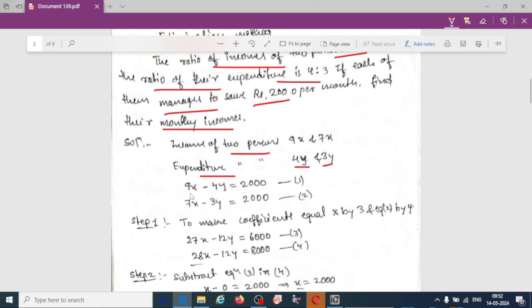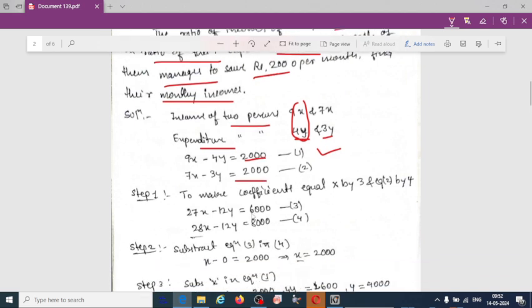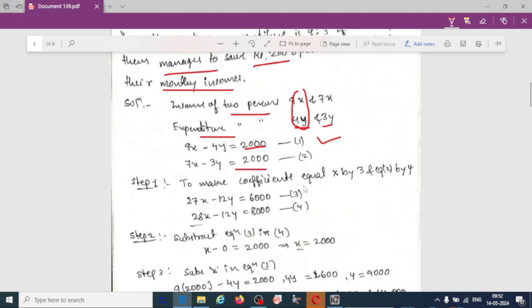This is how we can write the two equations. 9x minus 4y is equal to 2000, from income and expenditure. And 7x minus 3y is equal to 2000. After writing these two equations, make the coefficients equal by multiplying equation 1 by 3 and equation 2 by 4.